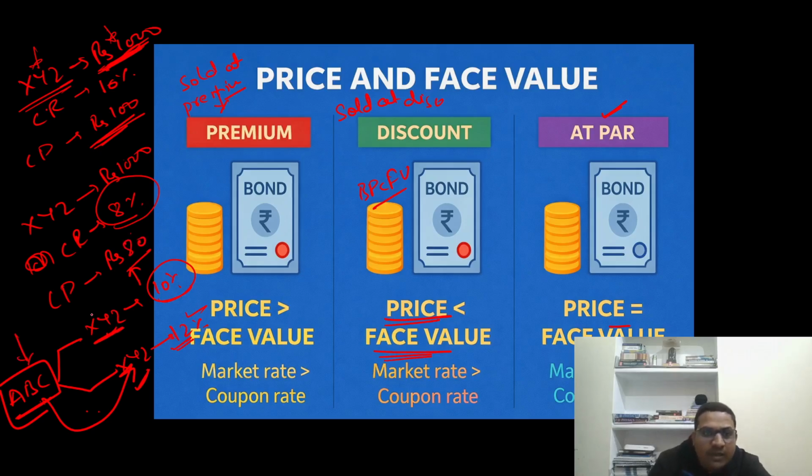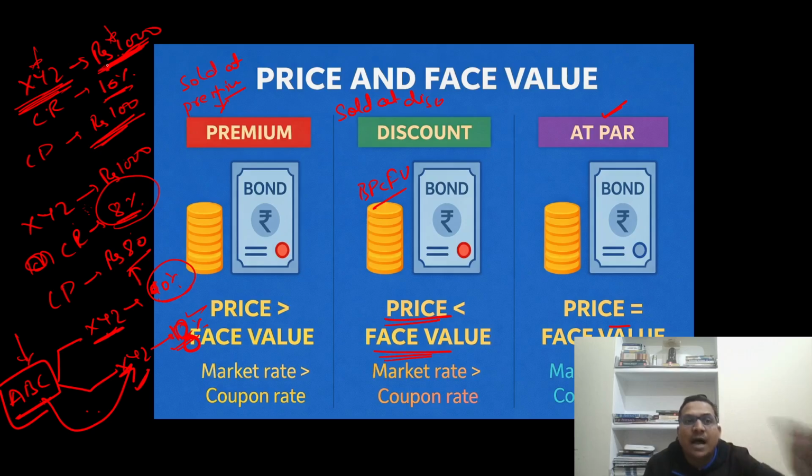Now, when this ABC investor comes to buy these two XYZ bonds, one at 10% and another at 8%, the new bond he wants to buy at a discounted price, but the old bond he wants to buy at a premium.